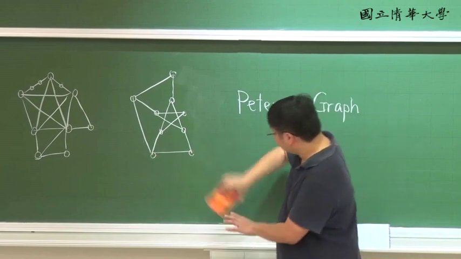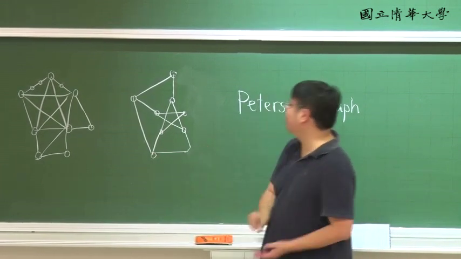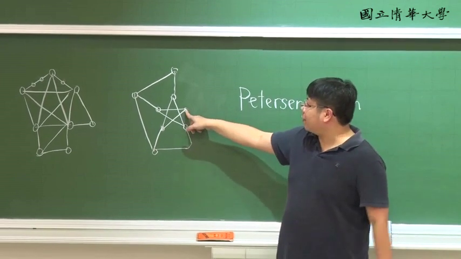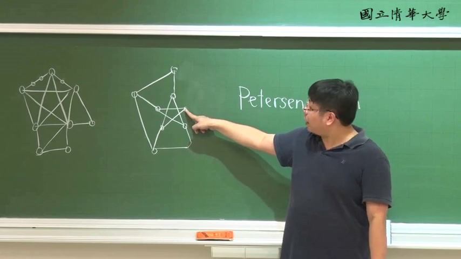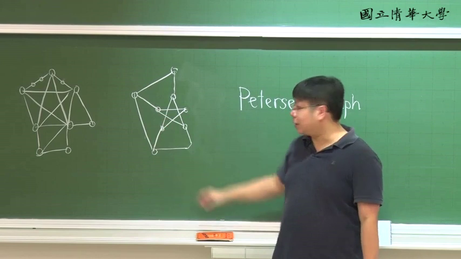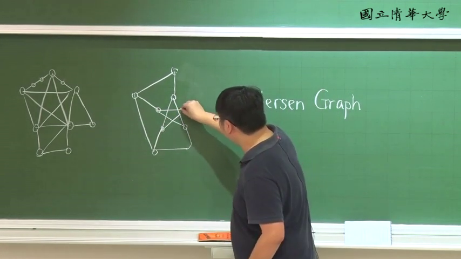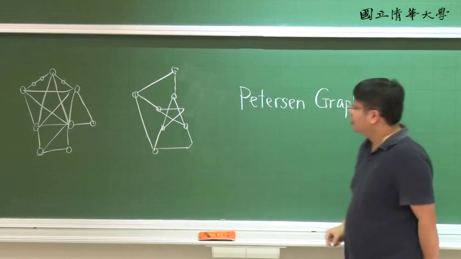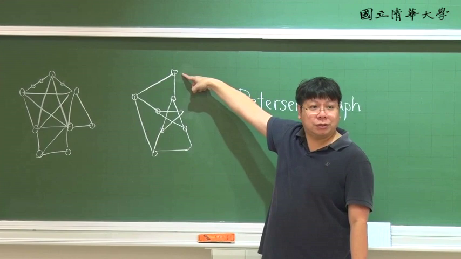Okay, we smooth it. This is a vertex of degree 2. If I smooth it, then these two edges will join together. So this becomes a single edge. And then there is also a vertex here, which is also degree 2.